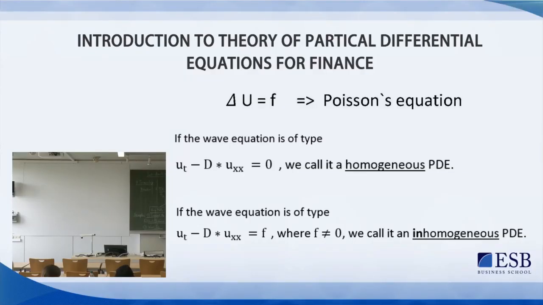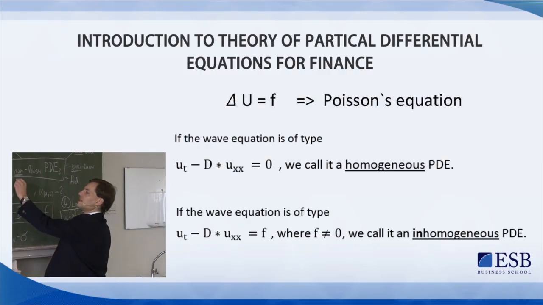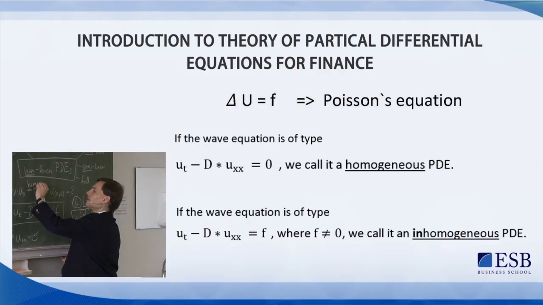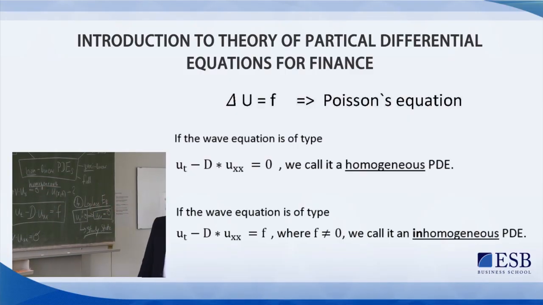But in more general terms, it can also be a certain value. Let's call it f. Or even a function on the right-hand side. Whenever there is not 0 on the right-hand side, we call it an inhomogeneous partial differential equation. So if there is 0, we call it homogeneous.